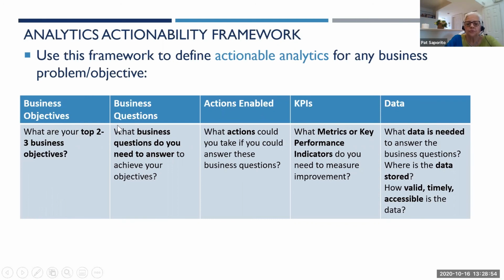For each of those, you want to say, what business questions do I need to answer to address those objectives? What actions could I take if I could answer those questions? And how would I know that I've moved the needle or made progress? What metrics or KPIs would you need to measure to know that we've made some improvement?